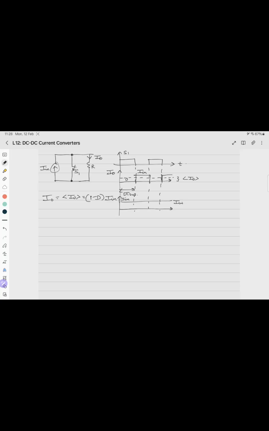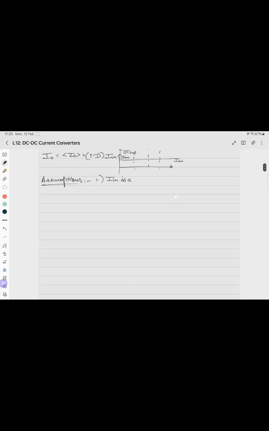Now there are a few issues with respect to this converter, so there are a few assumptions. First assumption is that I in is a constant current source supplying the load current requirements.